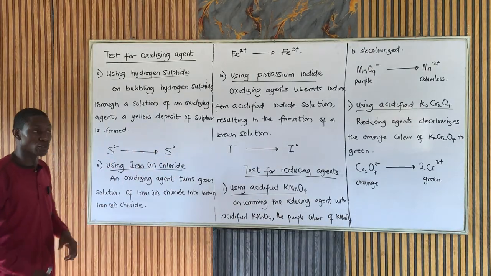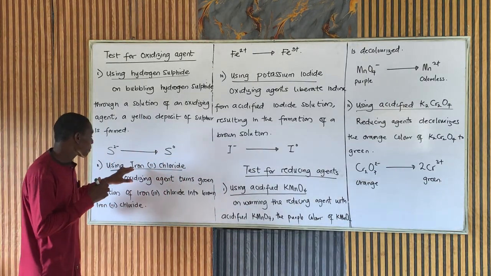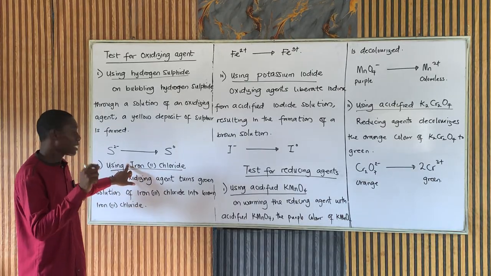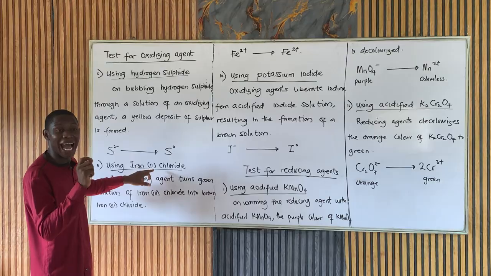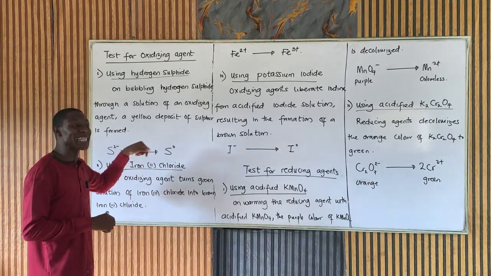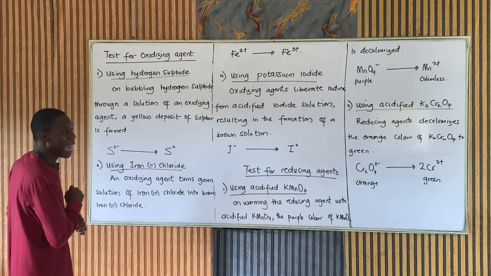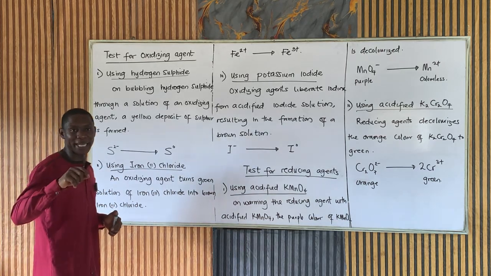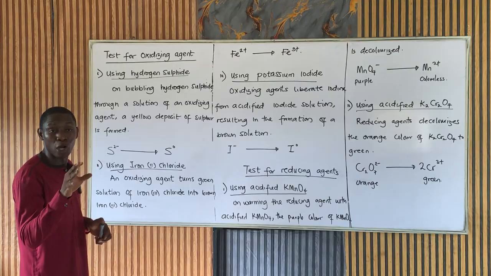Again, it's iron 2 chloride. Iron 2 chloride is a green salt because these iron 2 ions are green. Now, if you add this to an oxidizing agent, what simply happens is that the iron 2 is quickly oxidized to iron 3, and iron 3 has a brown color.